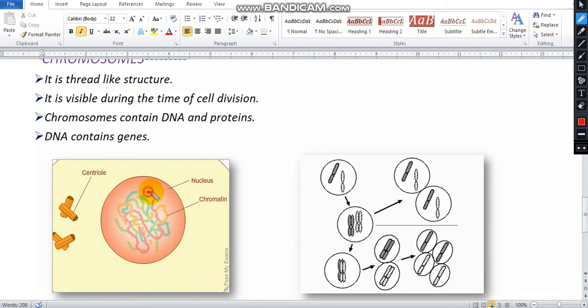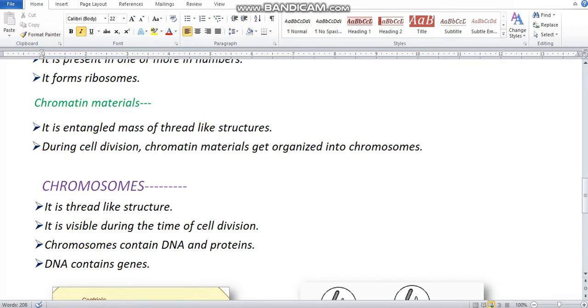Here you can see this thread-like structure. These are nothing but the chromatin materials which are present in the nucleus. So it is an entangled mass of thread-like structures. So we saw the significance of nucleolus.